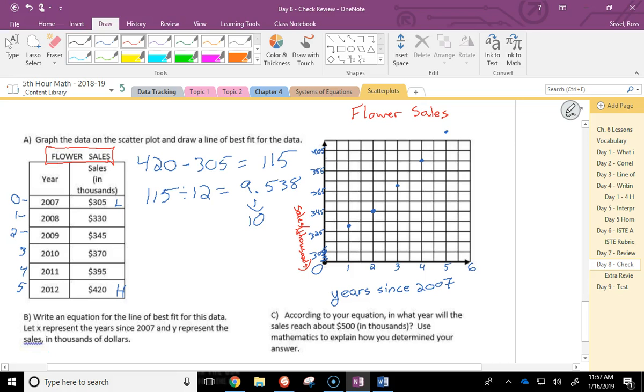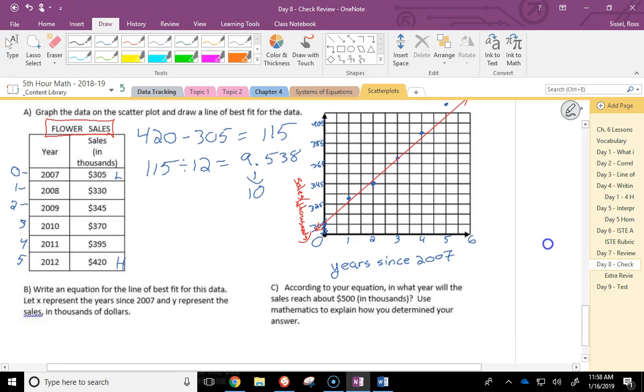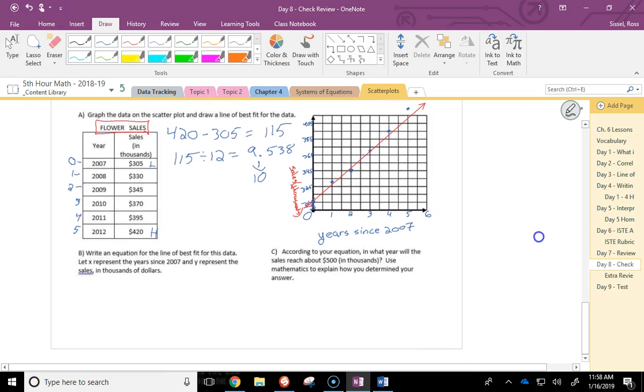Then we have to make our line of fit. Mine would probably be something like that. Now, write the equation for the line, once again going slow.